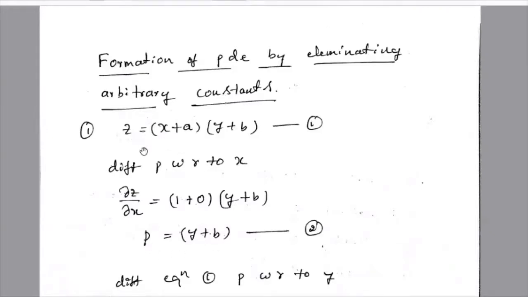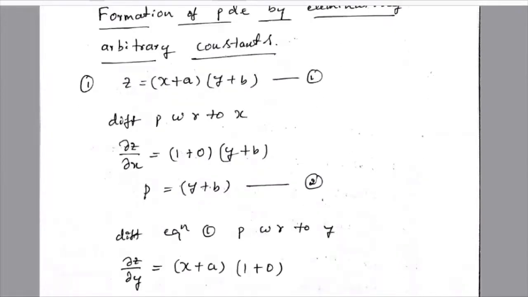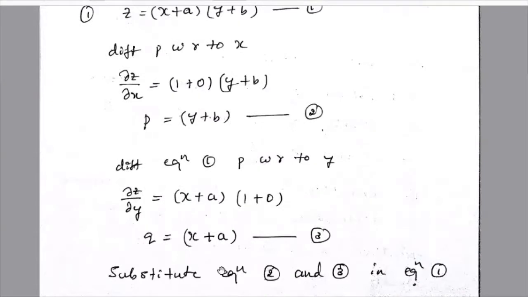Similarly, now you differentiate equation 1 partially with respect to y. When we differentiate with respect to y, x will be a constant. x is a constant, a is already a constant, so you write it as it is. Therefore, dou z by dou y is equal to x plus a into the y derivative, which is 1, and the b derivative will be 0. So therefore, q is equal to x plus a.